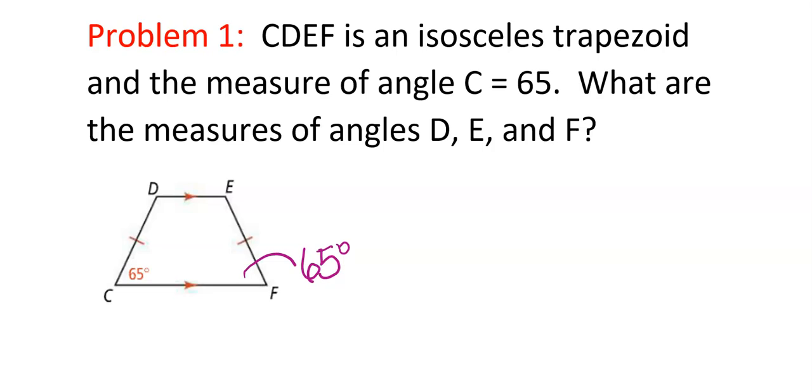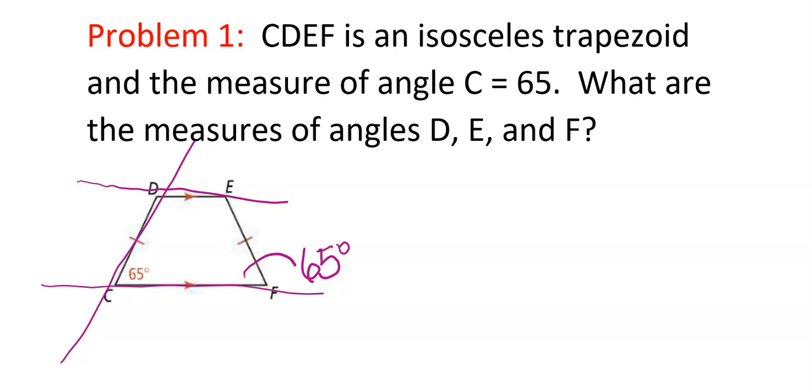How do we find out what the other ones are? And what kind of angles are they? If you look at D and C, what kind of angles are those? If these are parallel at the top and the bottom, and that's a transversal, wouldn't they be same side interior?